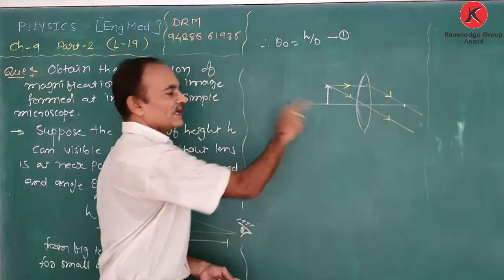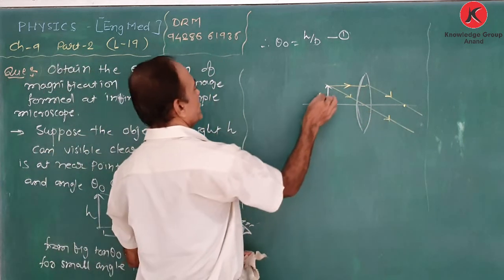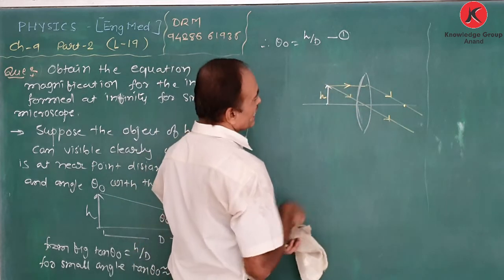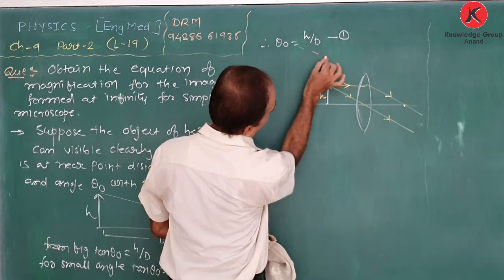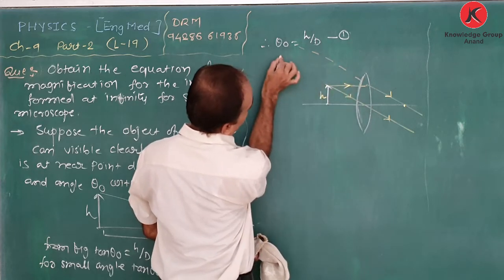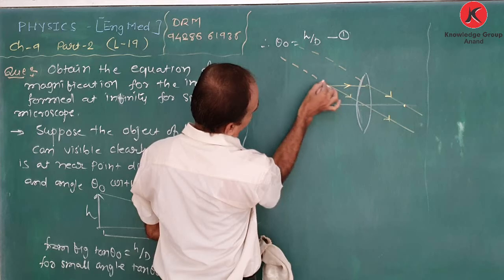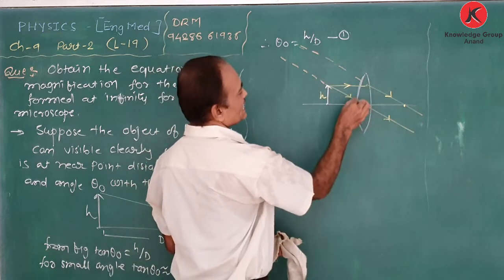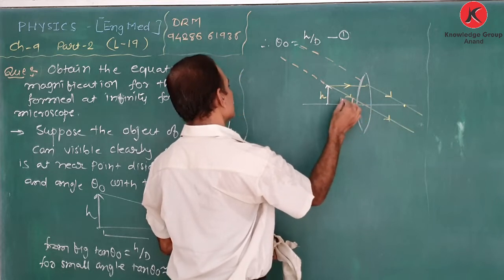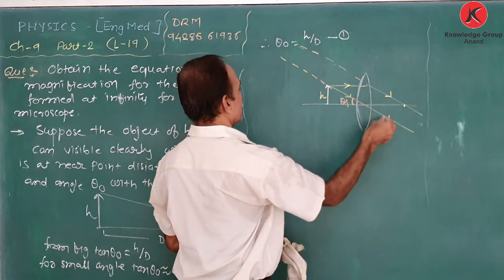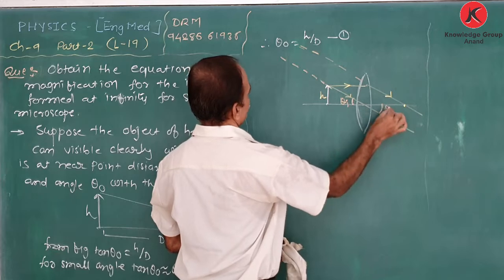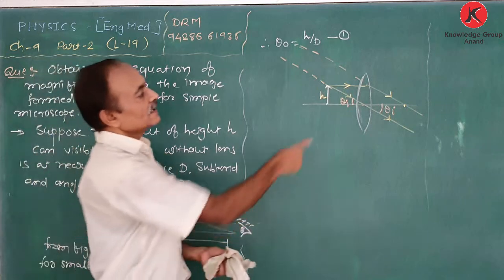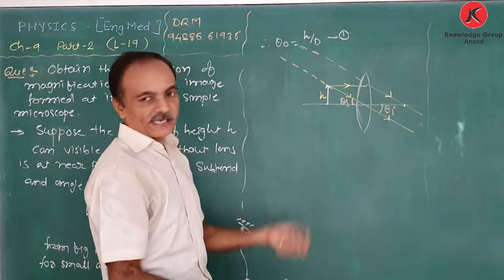It means the image of this object is formed at infinite distance, and we extend these two rays in that direction. The angle subtended by the image is theta I, which is formed at infinite distance.